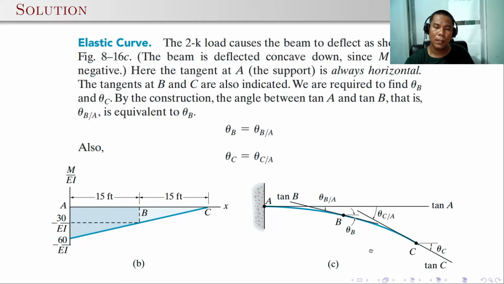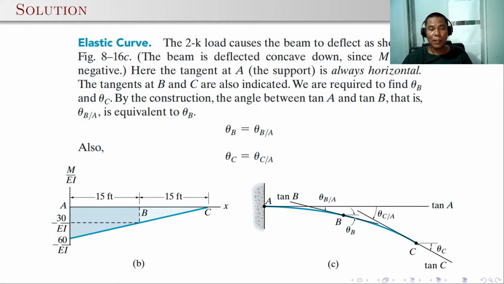Look at this diagram. By just using geometry, the tangent at A is horizontal. Also, this line from B is also horizontal. And we have the tangent line at point B, which is a transversal line to the parallel lines. So if this is angle theta B, and this is theta B with respect to A, then these should be the same according to geometry.